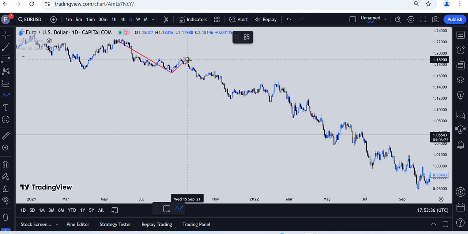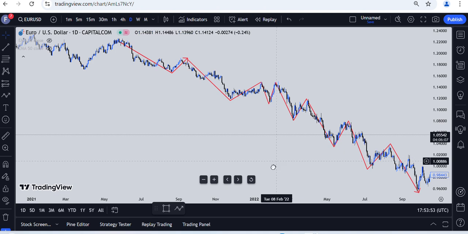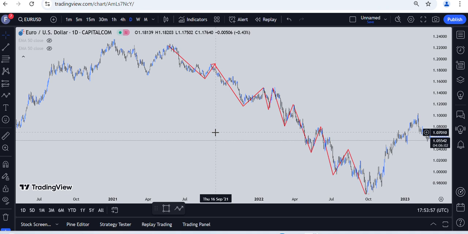Continue drawing. So you can clearly see that this guy is currently moving downwards. This is a high.